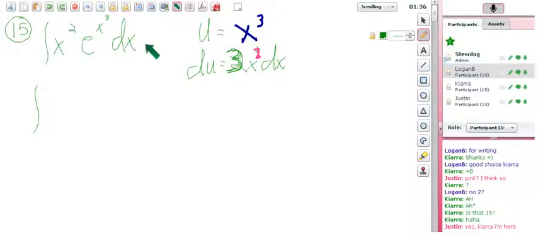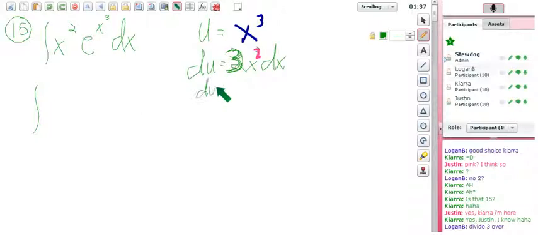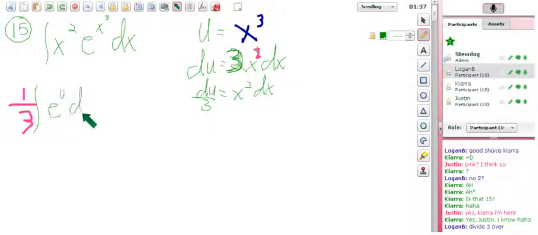We have x squared dx, but our du has a 3 that we don't need, so we're just going to divide by 3. Take that 1/3 outside, and now we'll have e to the u du.